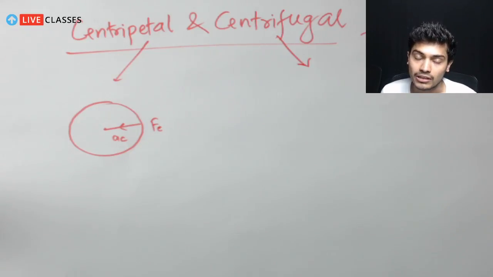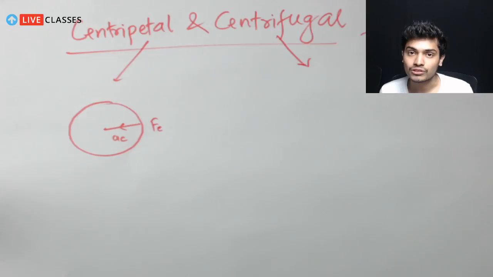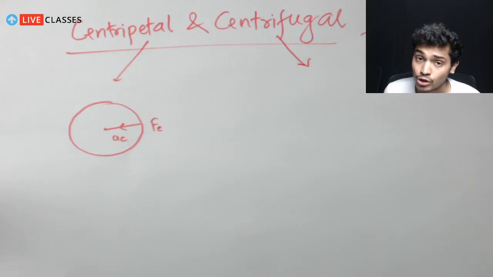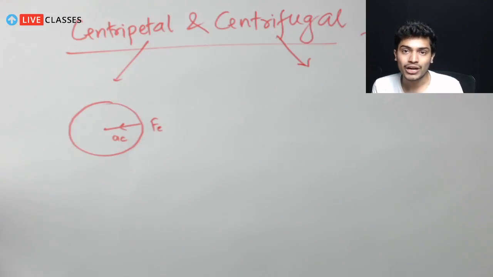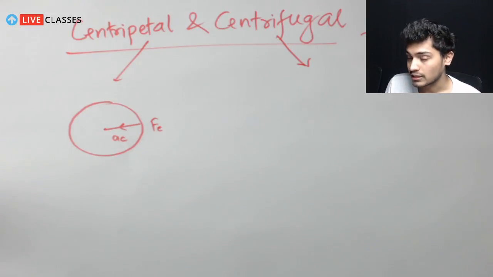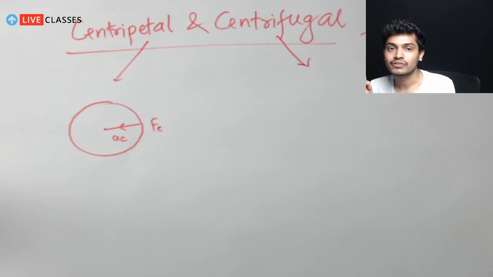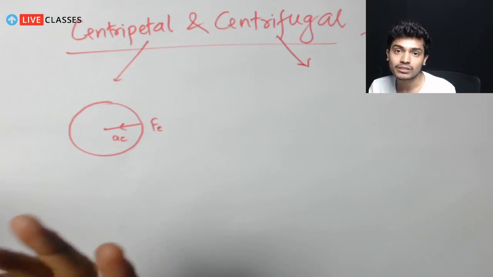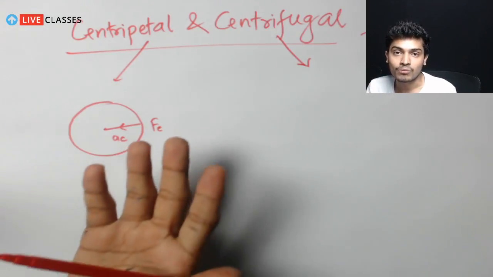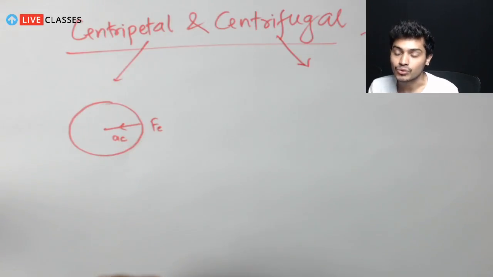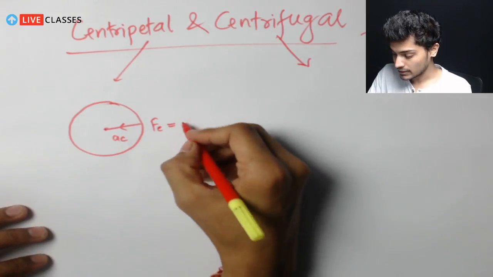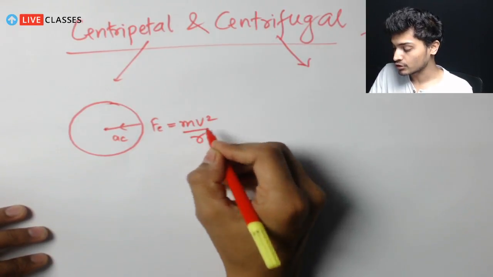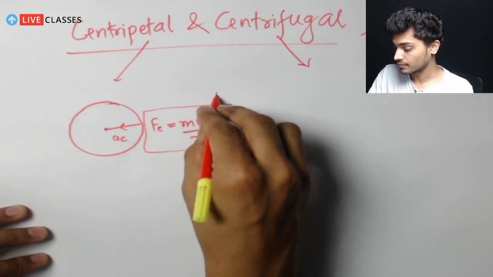Even normal force or friction force, which we have already covered, can also act as a centripetal force, or their component might also act as a centripetal force. In later part, when we solve some problems, we will see how one component of normal or friction will act as a centripetal force, right? Centripetal force is basically defined as mv square by r.